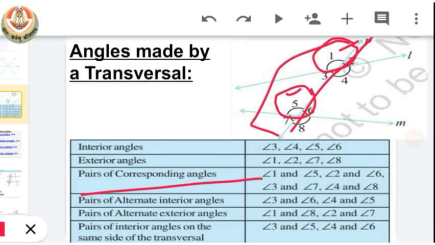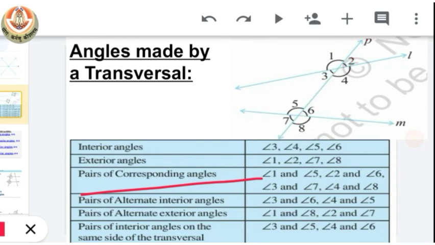Then they are known as corresponding angles. That means angle 1 with angle 5. Similarly, for angle 3, we have angle 7 as corresponding angles. You can see here angle 3 is an interior angle and angle 7 is an exterior angle, and both are on the same side of the transversal.